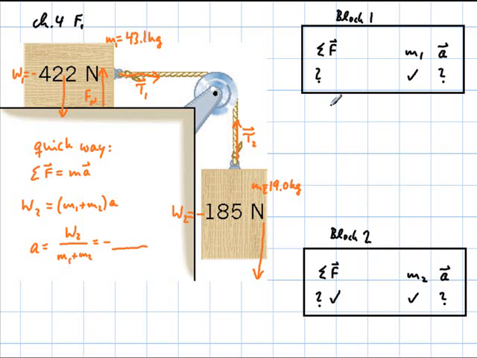Okay, so let's write down Newton's second law, which is the tension 1 equals mass 1 times acceleration, and for block 2 the tension 2 plus the weight of block 2 equals mass 2 times acceleration.